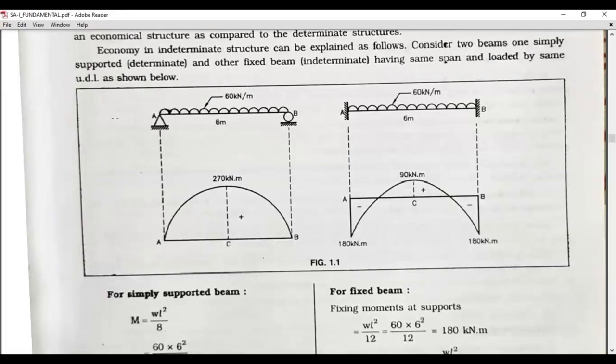Let us compare. This is the simply supported beam, and this is fixed at both sides. Then we can say that the moment is 270 kilonewton meter here, and there it is only 90 kilonewton meter, 180 kilonewton meter, and 180 kilonewton meter.